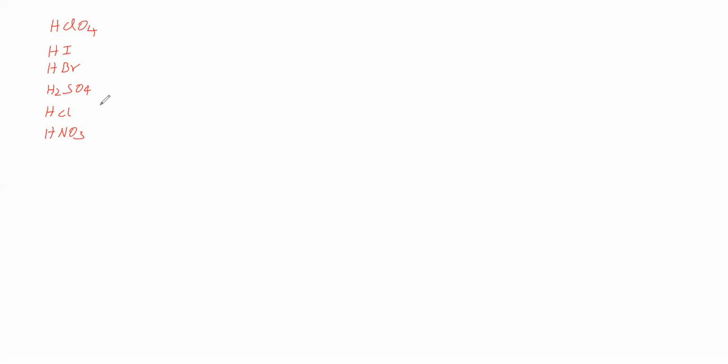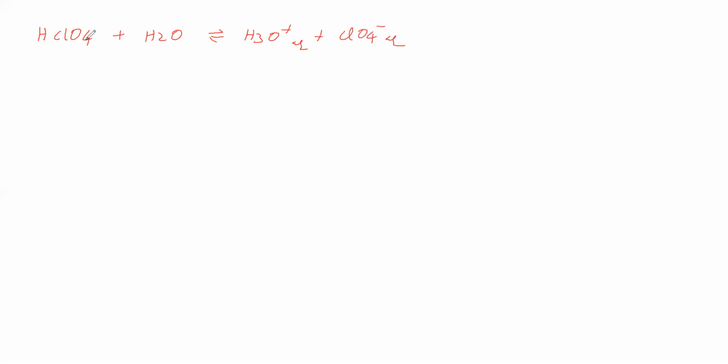Now, first I am taking perchloric acid. Its formula is HClO4. Let us dissolve HClO4 in water. What we are getting is H3O plus aqueous and ClO4 minus aqueous. This HClO4 is called perchloric acid.